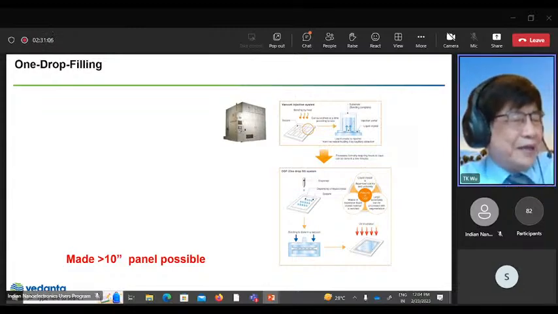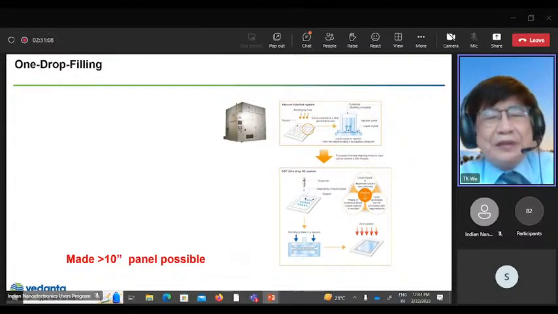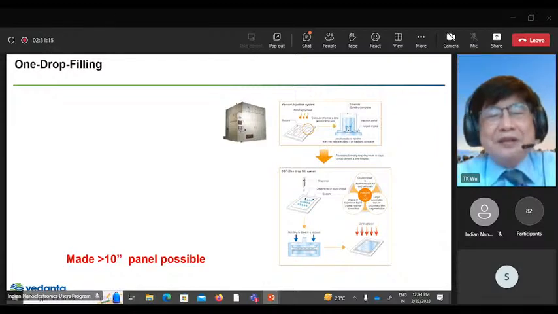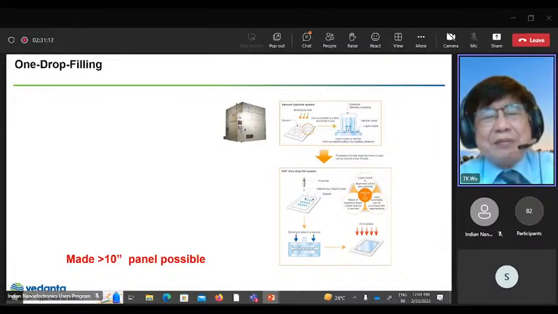people invented ODF. In ODF, on the substrate we have a mother panel, and the upper side and the lower side are separated and put in the vacuum chamber. We dispense the liquid crystal drops on the panel portion by a pre-calculated amount of liquid crystal.